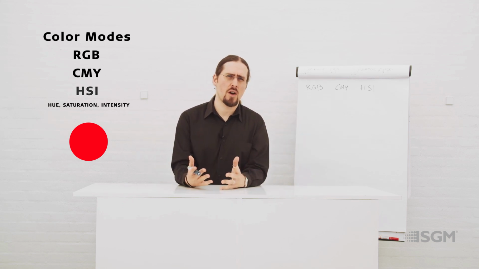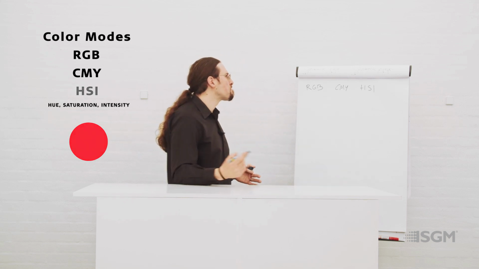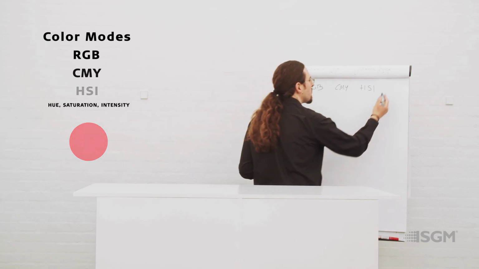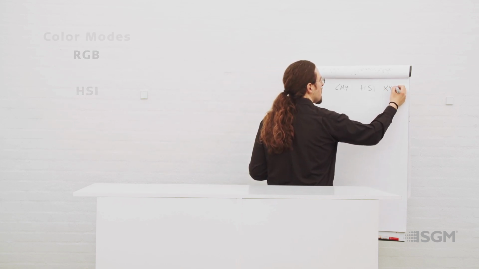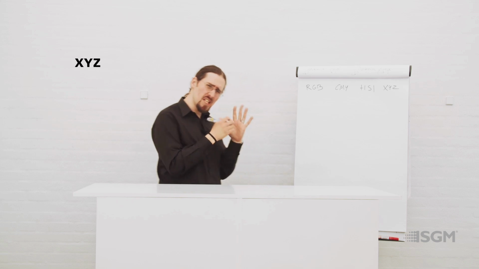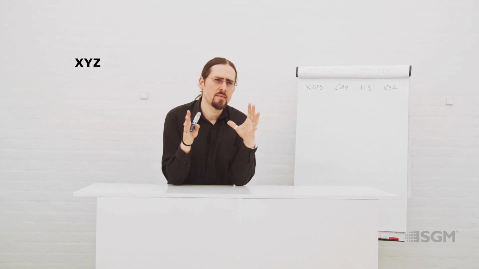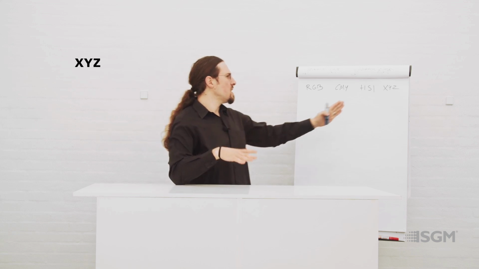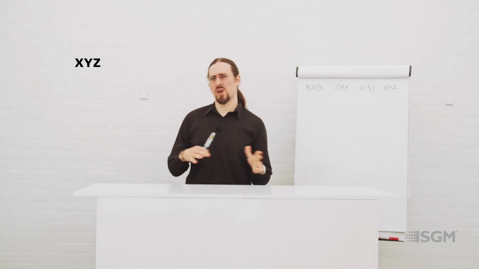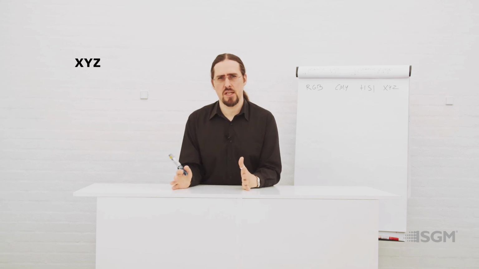There's another color mode. Probably mode is the right word, which is the XYZ. And in this mode, you are basically playing with coordinates. So to understand this mode, it's necessary to understand as well what a color space is.